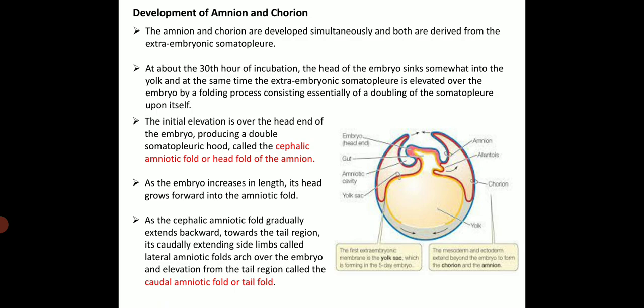The elevation from the tail region is called the caudal amniotic fold or the tail fold. During the development of the amnion and the chorion, you can see two major developments: the head fold of the amnion and the tail fold that starts to form.